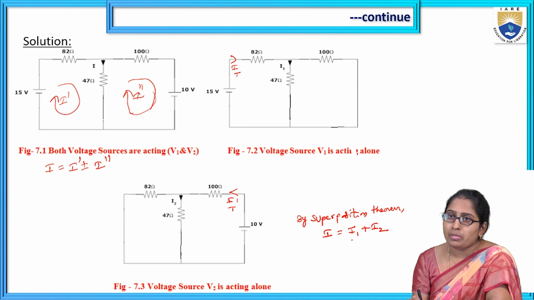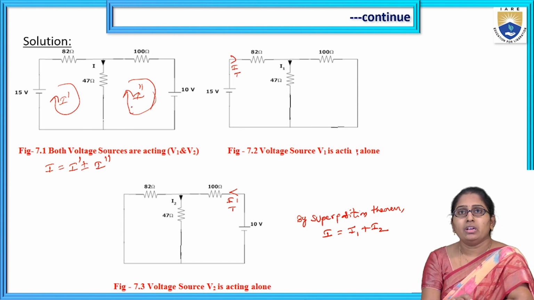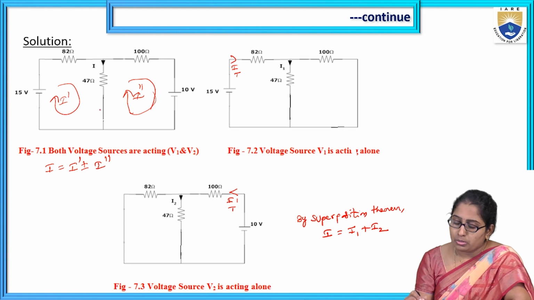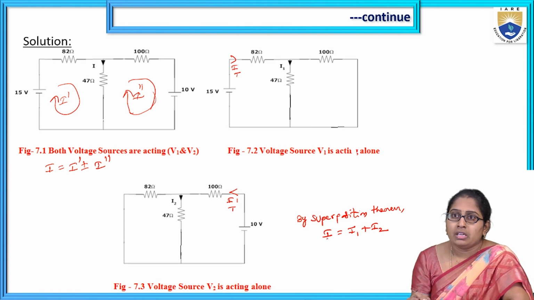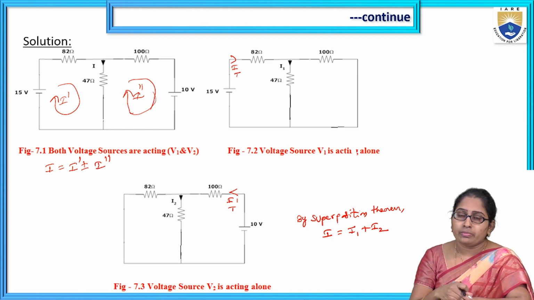The algebraic sum of these two responses equals the response when all sources are in operation. I is the current when both sources are in operation, so I see that this is verified. That is how this problem is solved. Okay, that's all for now for this topic.